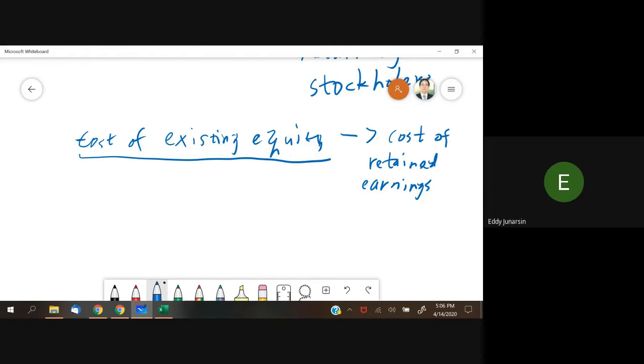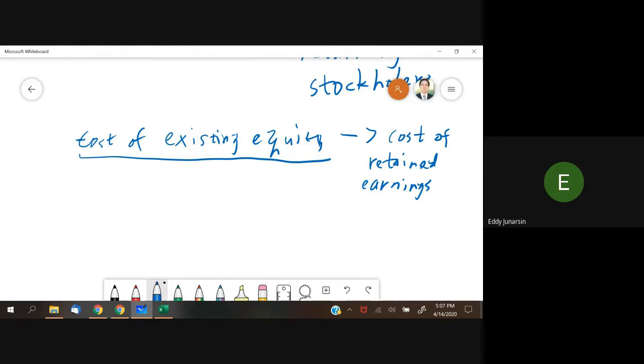So although it's our own savings, we should remember that the stockholders that allow their money to be retained by the company are actually asking that the money should produce something more than what they could by themselves. Otherwise, they would say, if you are not able to produce the results that we want or expect, then just distribute the net income, just pay out as dividends, so we could invest by ourselves.